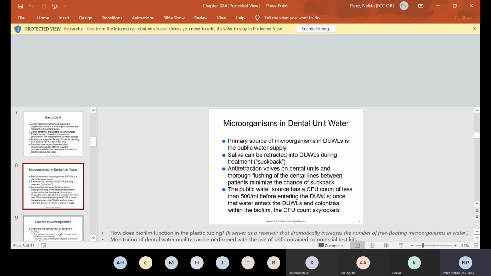Now, there are microorganisms in dental unit water, and the primary source of microorganisms is the public water supply. Saliva can also be retracted into the DUWLs during treatment, which is called suckback. That's from when we are giving the patient the saliva ejector.